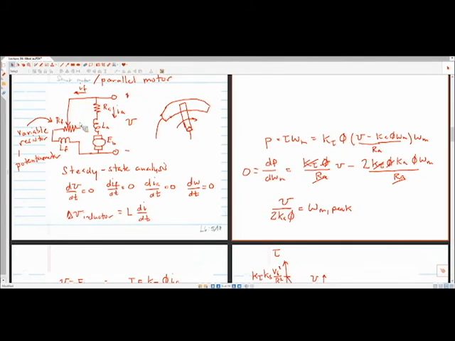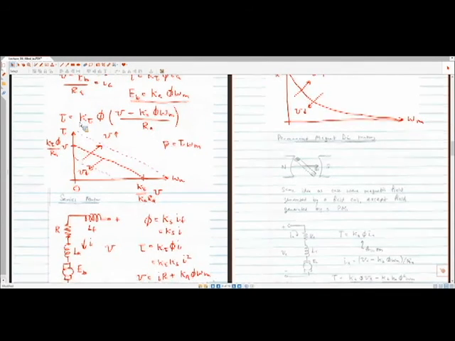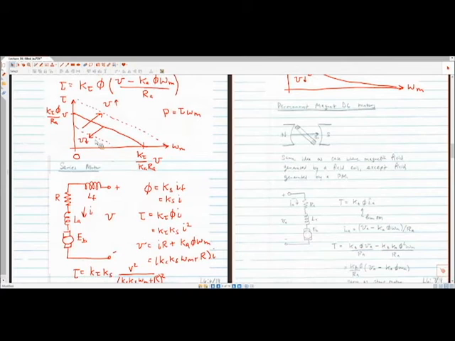If we look at the series motor, it's a different scenario in that this current running through the field, given here, right, is dependent on the back EMF because it's wired up in series instead. All right, so this voltage drop, which determines I, is going to be dependent on back EMF. Make sense?